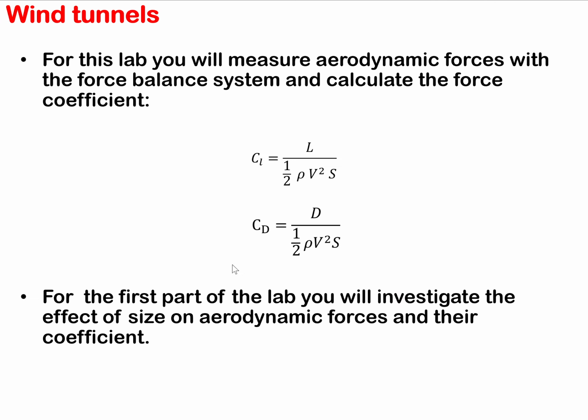So when you have the velocity, you can calculate the surface area, and you have the lift for your sample, you can calculate the lift coefficient. And the idea is that the lift coefficient should be the exact same lift coefficient for a different size vehicle.